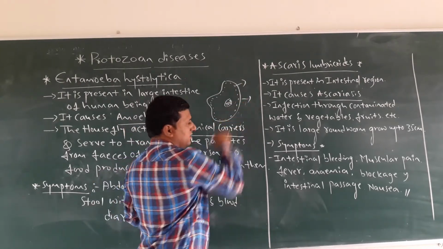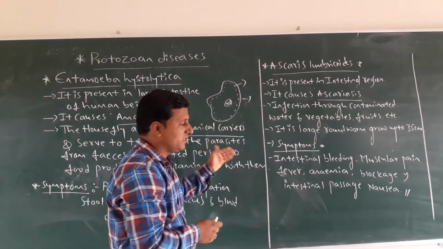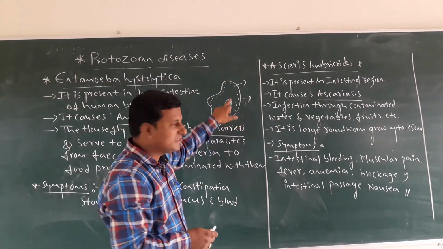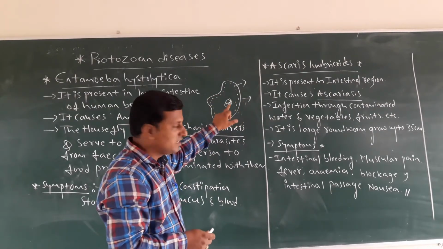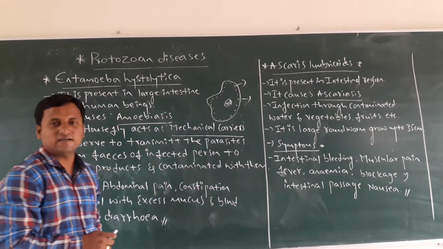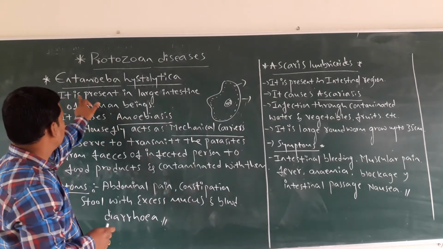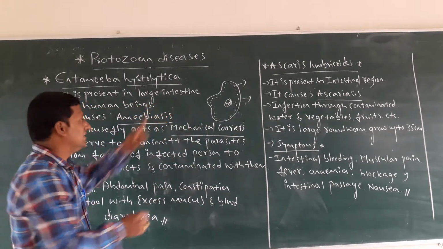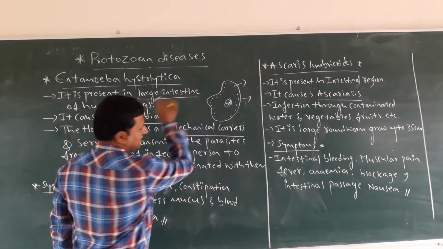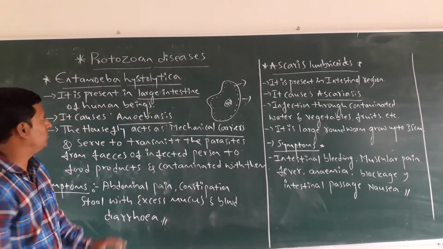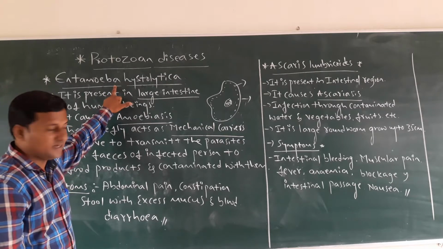There are outermost and innermost layers, and a central part, the nucleus. It is present in the large intestine, which is the location of Entamoeba histolytica.